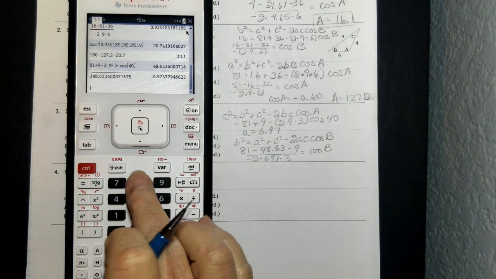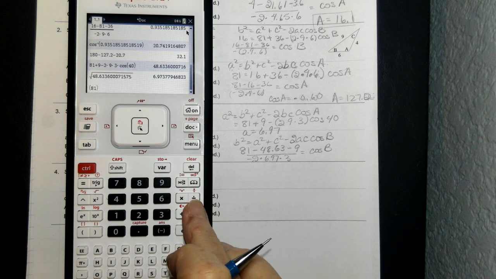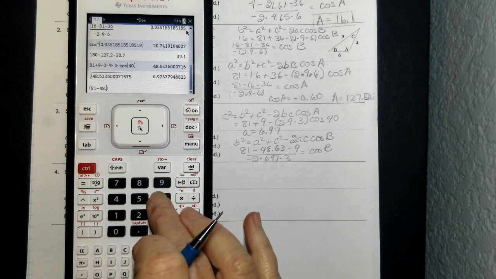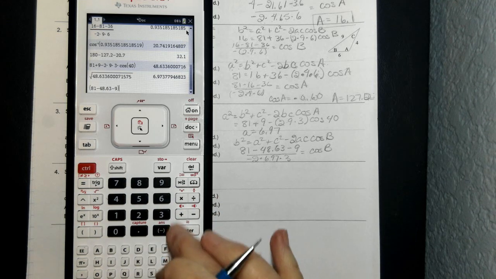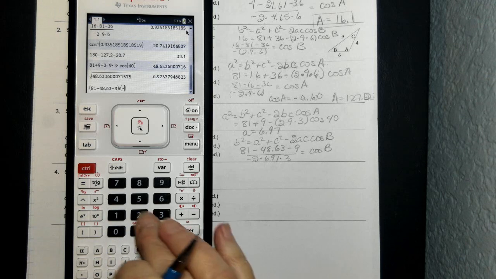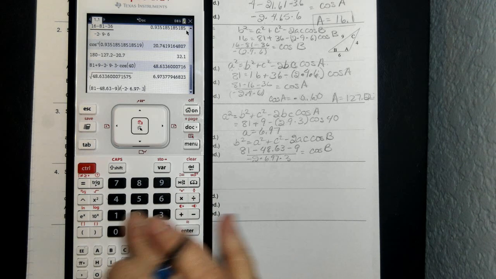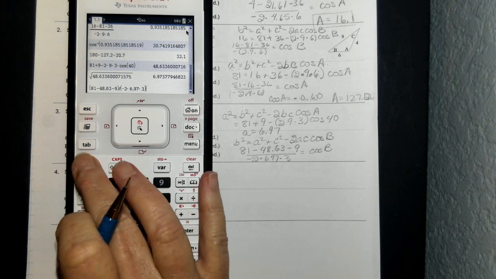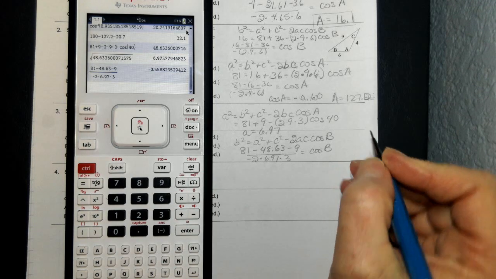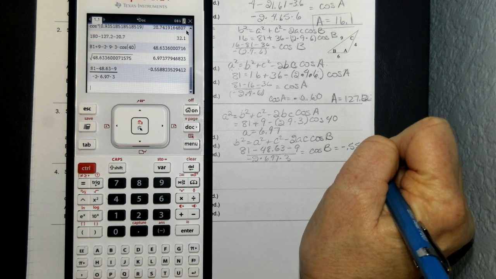All right, so 81, I'm going to do that again. I like to use the parentheses. 81 minus 48.63 minus 9, close parentheses, divided by, open parentheses, negative 2 times 6.97 times 3, close parentheses, all equals negative 0.5588.